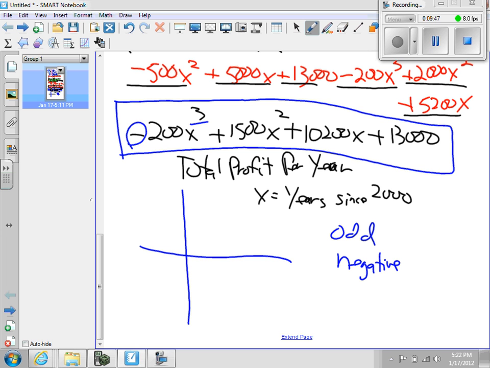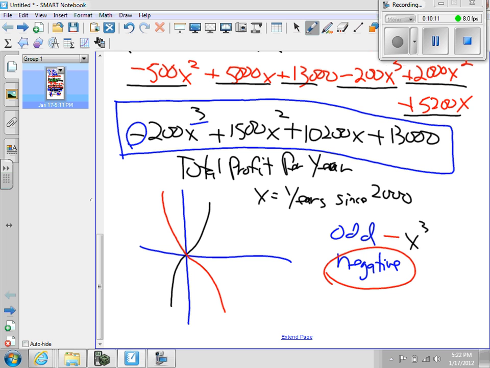Okay, well, I'm thinking here, what does that mean? Well, I know that x cubed, that's what I always go back to, my x cubed, which is positive but odd, looks like this. If I then change my leading coefficient to negative, then my x cubed graph is going to look like this.